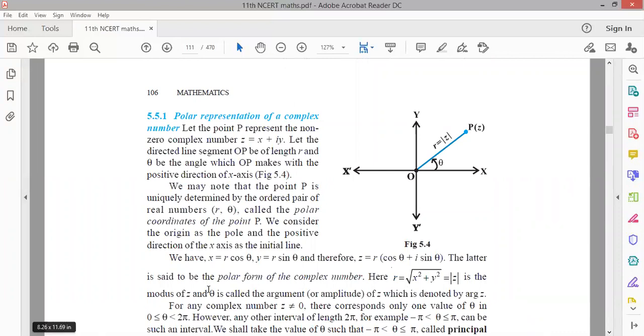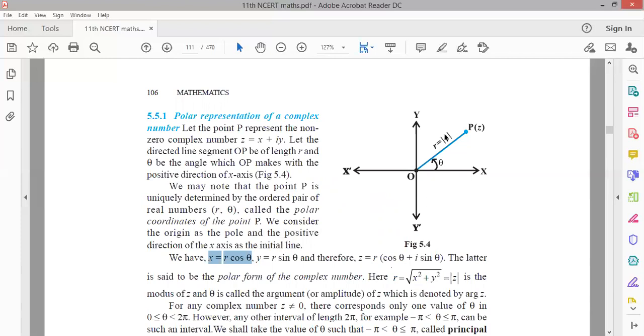If you complete the triangle and draw a perpendicular, we can calculate different trigonometric ratios. You will see that x is equal to r times cos theta, because cos theta from this triangle is base divided by hypotenuse.